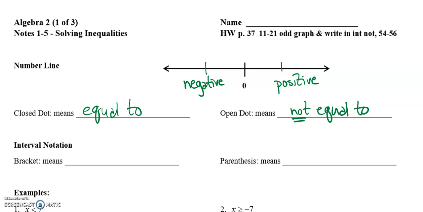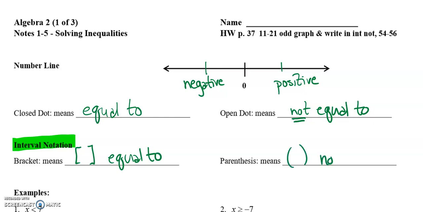In interval notation, that may or may not be a new notation for you. In interval notation, a bracket, remember a bracket looks like this, that means equal to. So a bracket is kind of like a closed dot. And the parenthesis means not equal to when we are doing our interval notation.